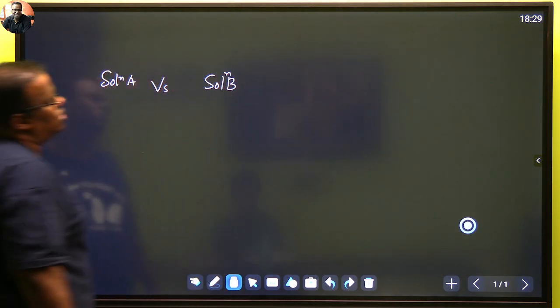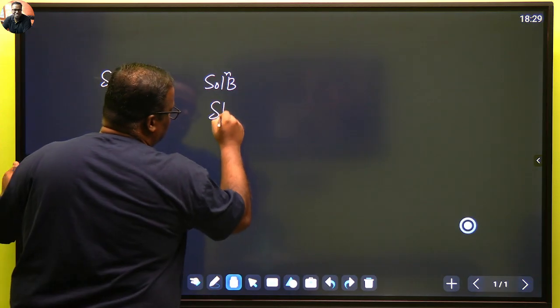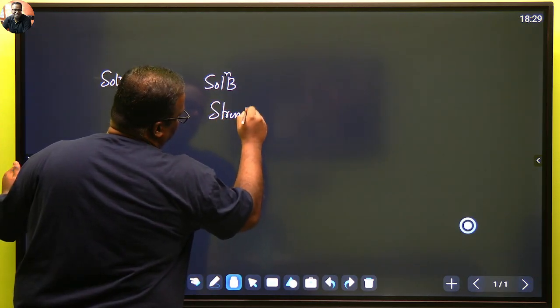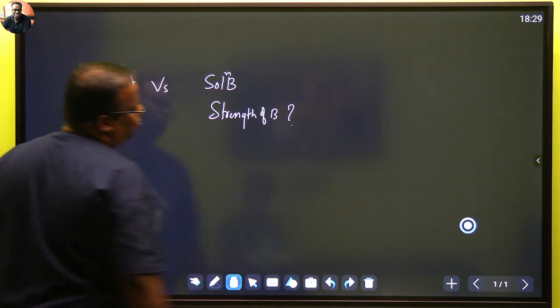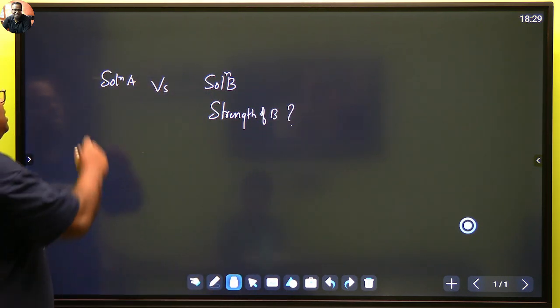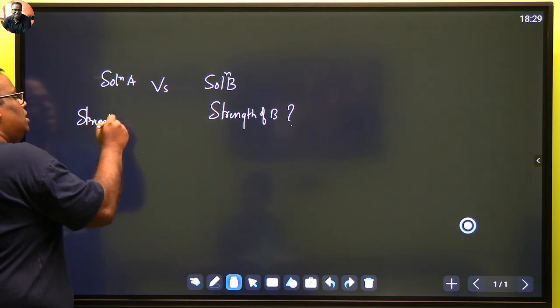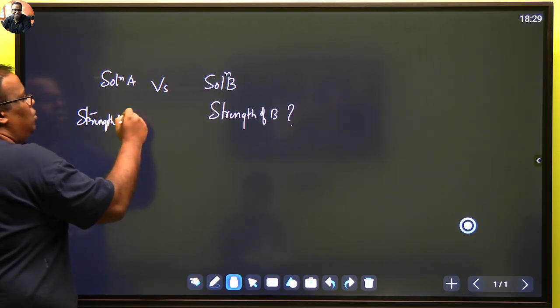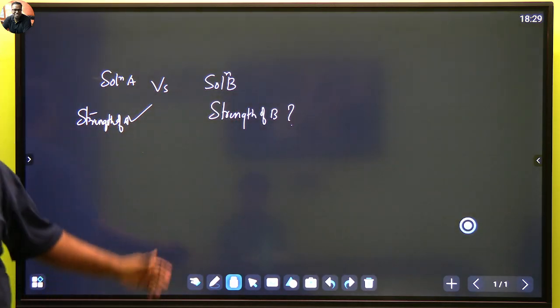Solution A versus solution B, in which, let's say, the strength of B will be unknown to you, and the strength of A will be known to me. How do I find the strength of B? Based on the strength of A.